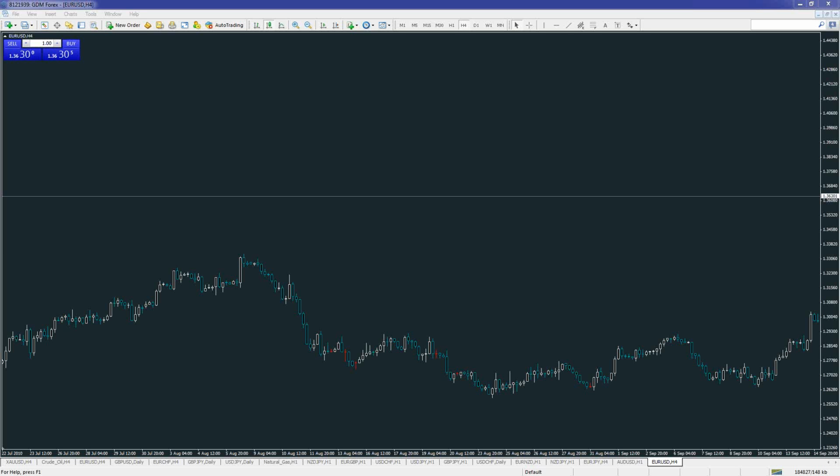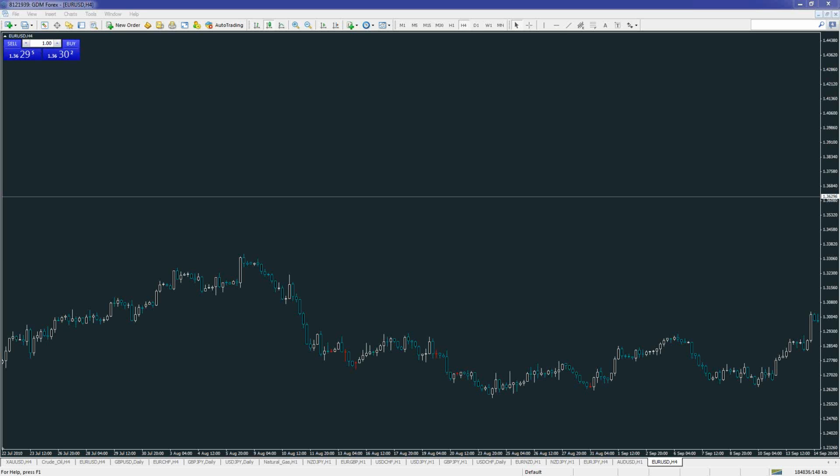The secondary trends are most clearly visible on the daily and hourly charts. On the MetaTrader 4, you will find them as D1, H4, and H1. The intermediate trends are most clearly visible on the shorter time frames, such as the 1-hour chart, the 30-minute chart, the 15-minute chart, and so on.